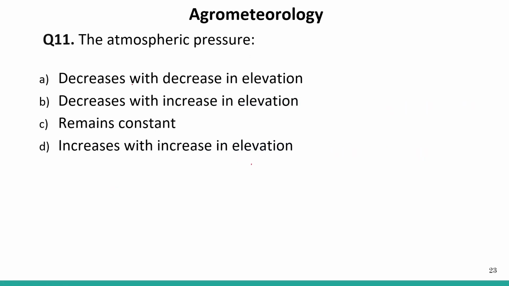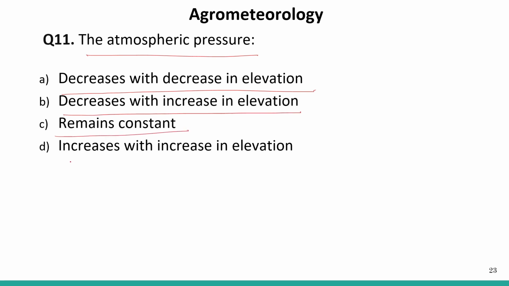Next question. The atmospheric pressure decreases with the decrease in elevation, decreases with the increase in elevation, remains constant, or increases with the increase in elevation. So when you go high up in the mountain, you are at the elevation, right?